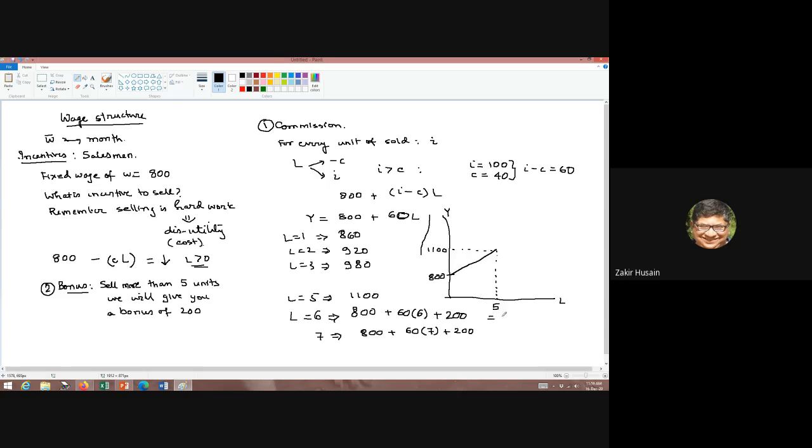Now, can we write this in this way? 800 and 200, which makes it 1000 plus 60L, right? So now, what will be the function?